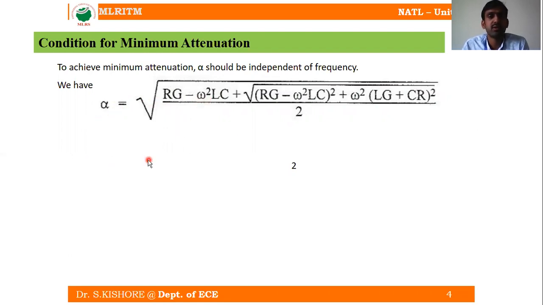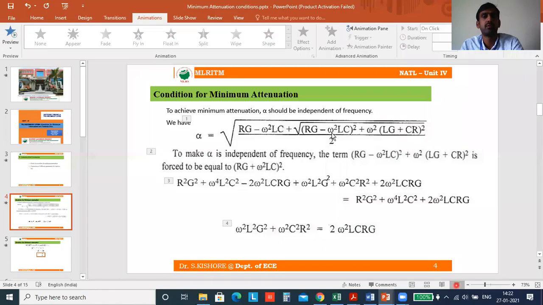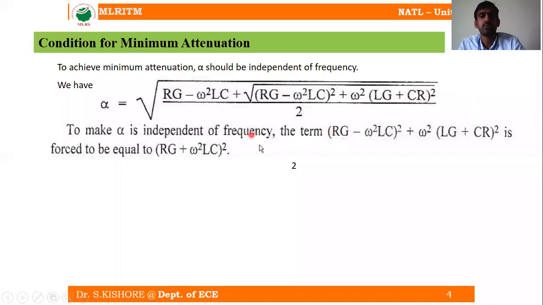So that is the simple equation to remember with respect to the differentiation of alpha and beta. Now coming to alpha: we can achieve minimum attenuation when the signal propagating through a line is not getting deteriorated with respect to frequency, along the distance x of the transmission line.